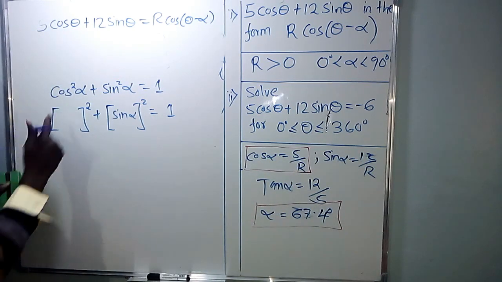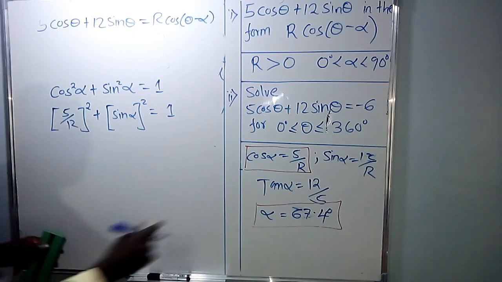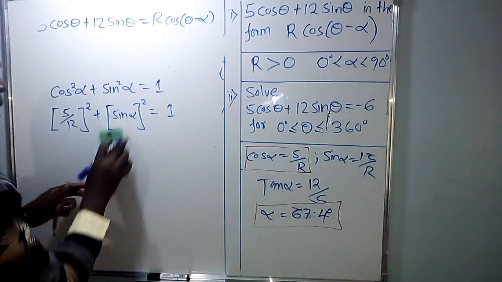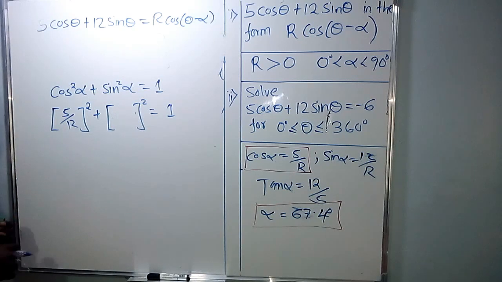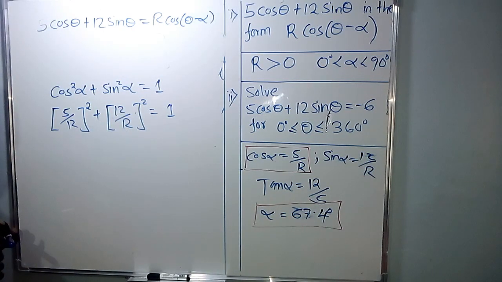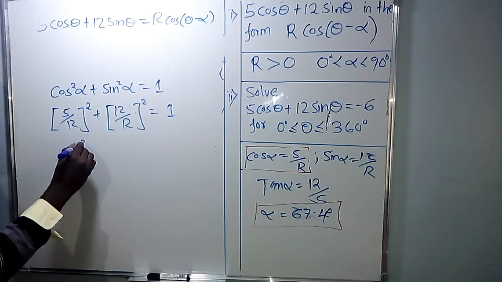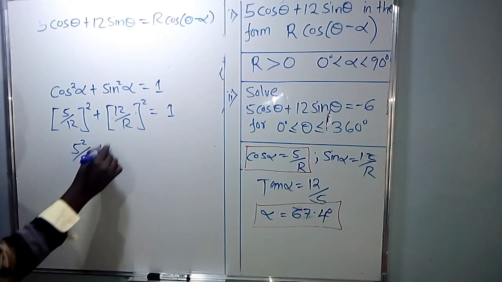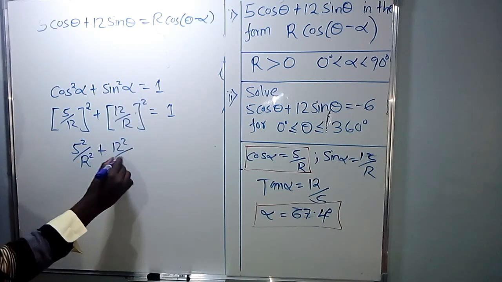Then where there is sine alpha, put the value of sine alpha. Sine alpha is 12 over r. So from there, now the square which is outside is for all the factors inside, isn't it? So it means this is 5 squared over r squared plus 12 squared over r squared is equal to 1.